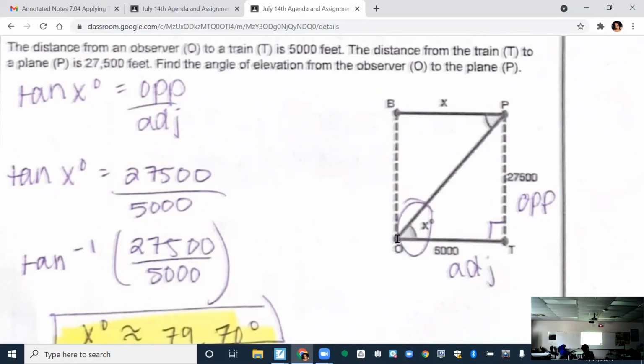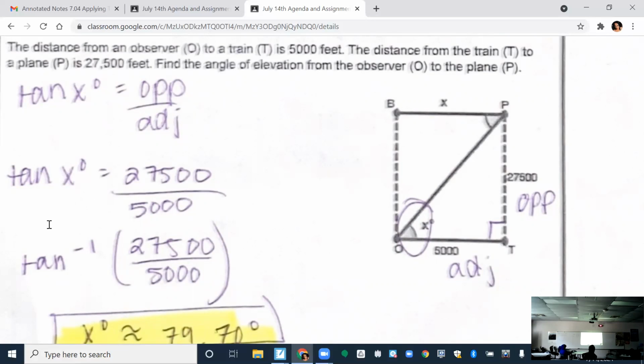And from the perspective of this angle, you should have labeled the sides opposite and adjacent, just like this. Opposite's directly across, adjacent is right next to. And then, like we said before, tangent is the only function that has opposite and adjacent in it. But what you should have noticed, and what you also should have noticed on your quiz, was that if I'm missing an angle measure, I have to use the inverse function.